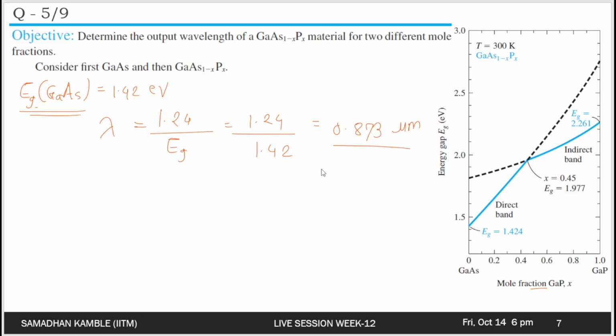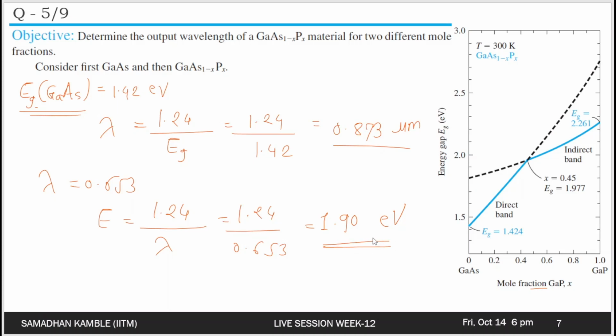So if we desire a visible output with a wavelength lambda of around 0.653 micrometer, which is for red color, for example, and we substitute in the same equation, the band gap energy has to be 1.90 electron volt. This band gap energy would correspond to a mole fraction of approximately x equal to 0.4.